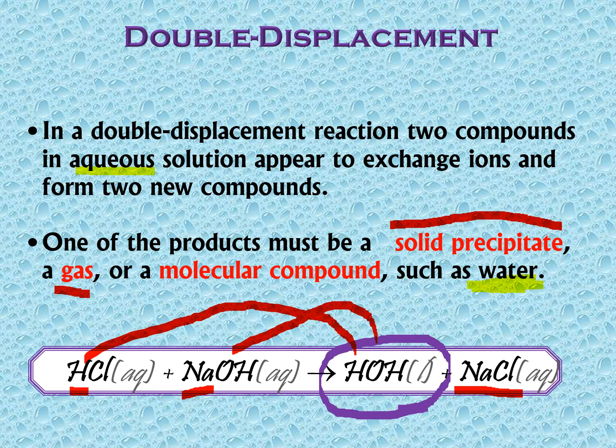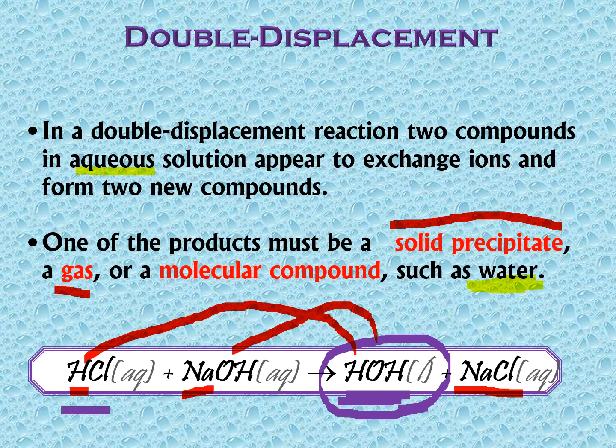Now, does that look familiar? HOH. There's another way to write it, of course. It's got 2 hydrogen and 1 oxygen. Well, you could write that H2O. But this is the way that organic chemists like to write water, because a lot of times that's the way that water forms from a reaction like this. This is a classic acid-base reaction.